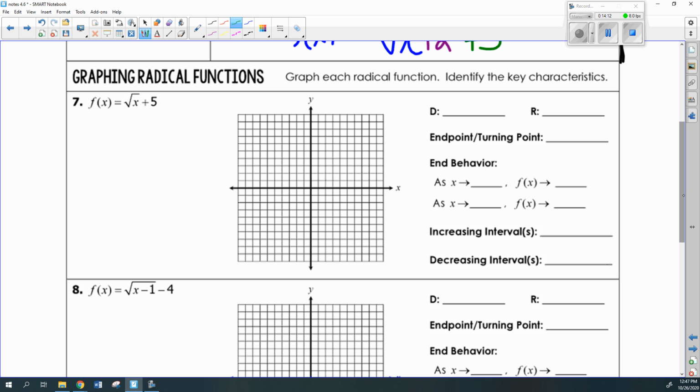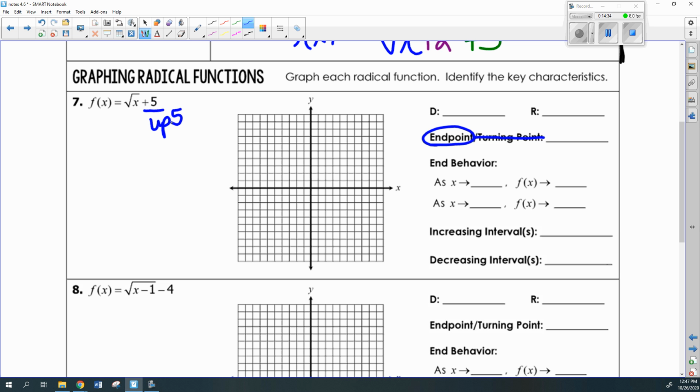But for square roots, what you need to know is that it definitely has an end point, not a turning point. So if you're just copying stuff on your paper, don't even write the word turning point. You need to write the word end point, okay? Now, if you're not going to use Desmos, you can use your transformation to help you find that end point. The transformation is up 5.